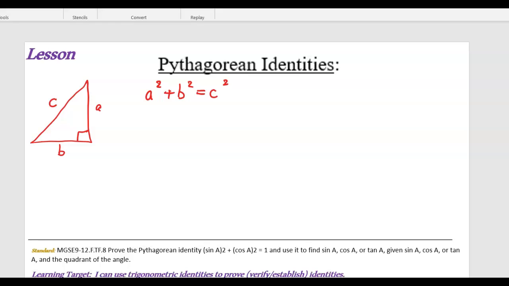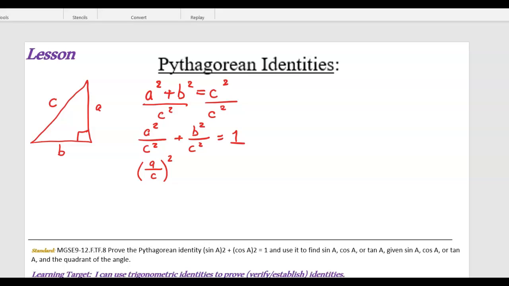A squared plus b squared equals c squared. I'm going to divide both sides by c squared. Why? Because I can. So this is a squared over c squared plus b squared over c squared equals c squared over c squared, which is 1. And then I'm going to rewrite this expression a squared over c squared as a over c, quantity squared.